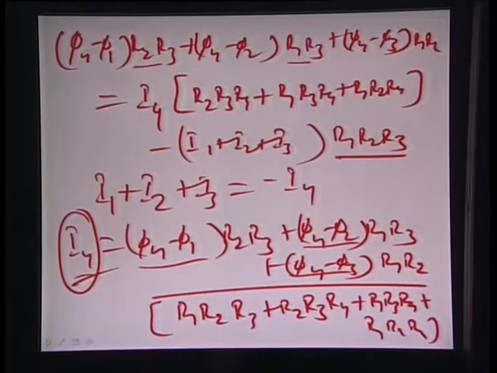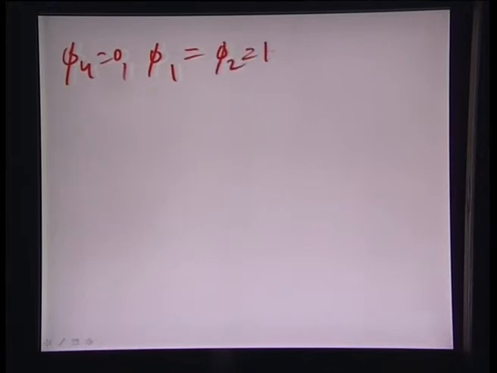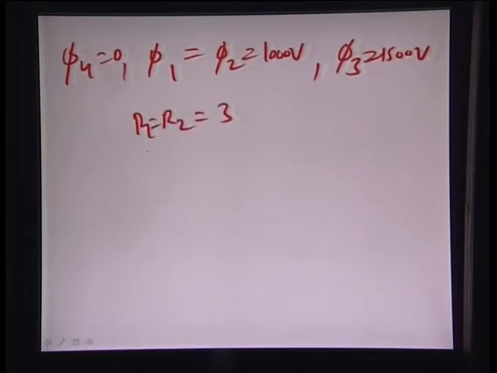Okay. So in this particular case, we apply phi 4 equals 0, phi 1 equals phi 2 equals 1000 volts, and these are all mentioned in the problem statement. Phi 3 is about 1500 volts, and R1 equals R2 is about 200 mega ohms.